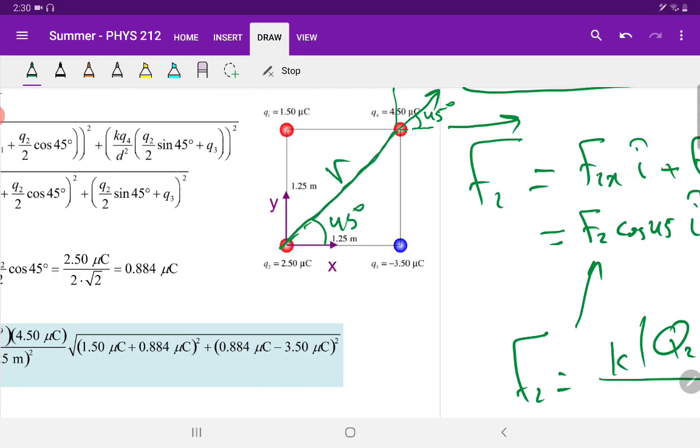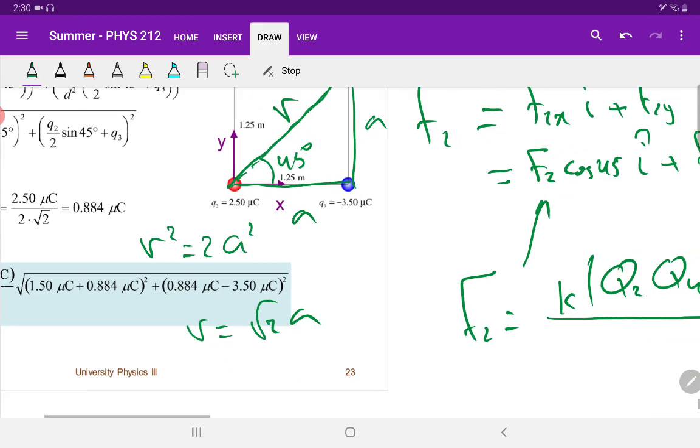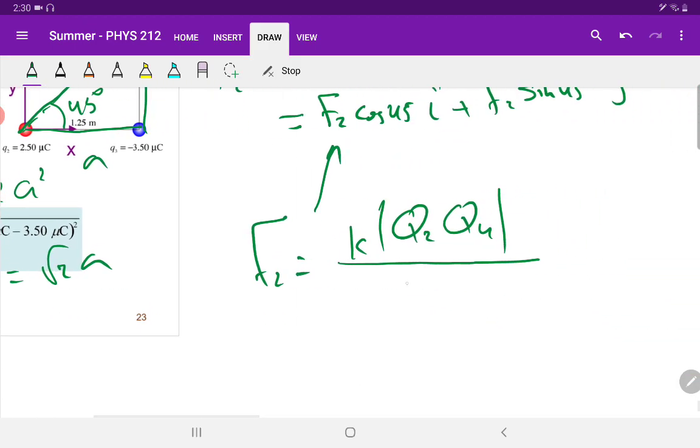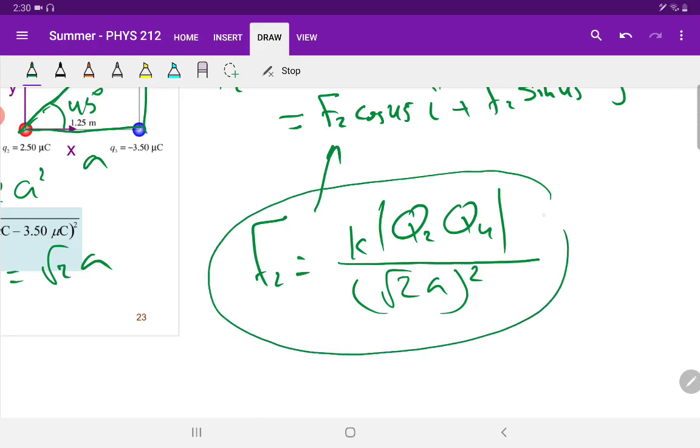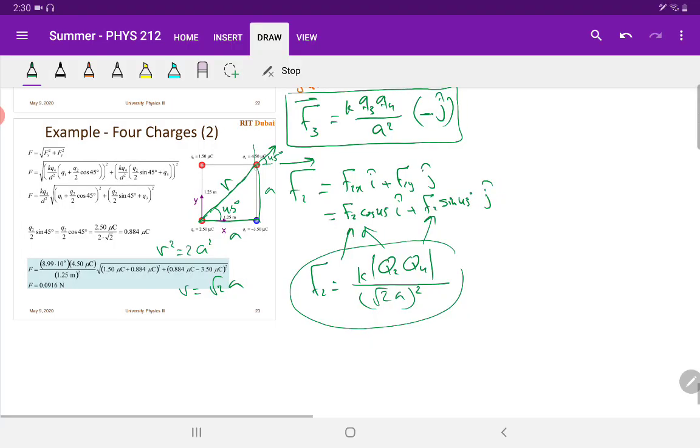This distance R, by the way, according to the triangle here, this is A, this is A, so R square equals 2A square, so R equals square root of 2 times A, so it will be here square root of 2A, all squared. Now since we have this, I substitute here, and in this case I'll be able to find F2. Now F2 has an X component and a Y component.